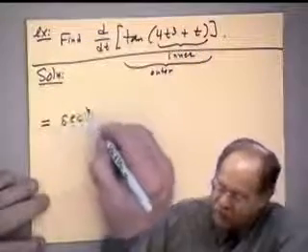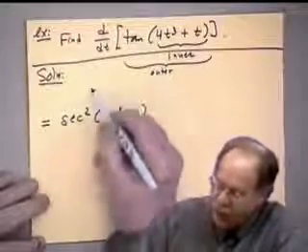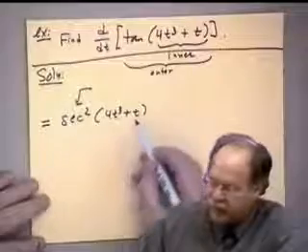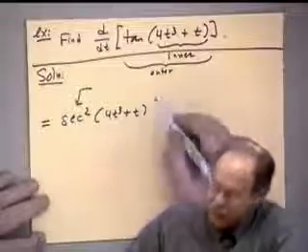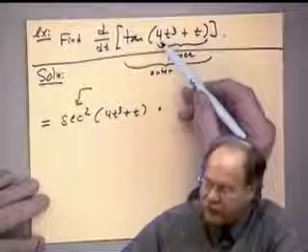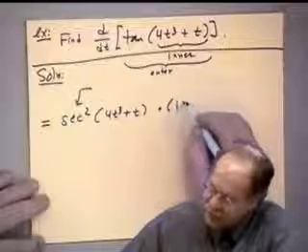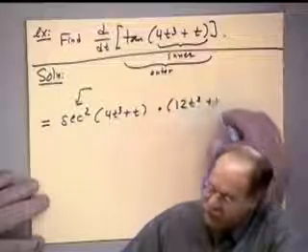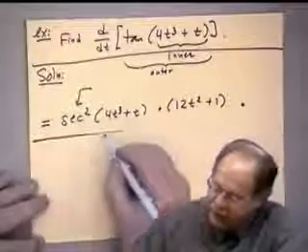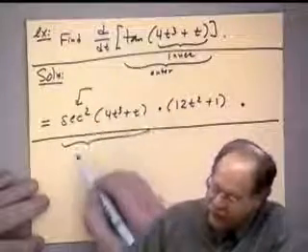So the outer derivative is secant squared of 4t cubed plus t. I'm only concentrating on the outer derivative, so the inside is left the same. Times, now I need the derivative of the inner function. The inner function is this 4t cubed plus t. That derivative is going to be 12t squared plus 1. And now I've applied the chain rule. This is now the outer derivative.